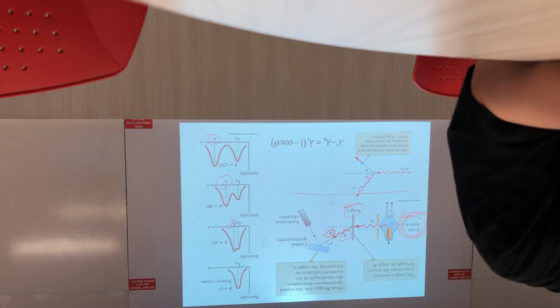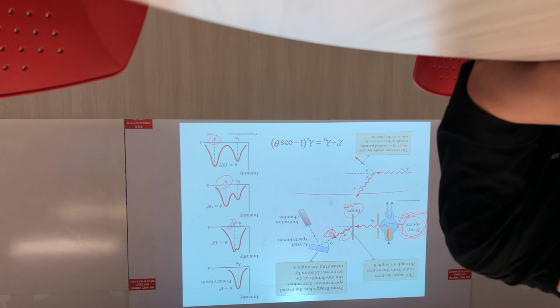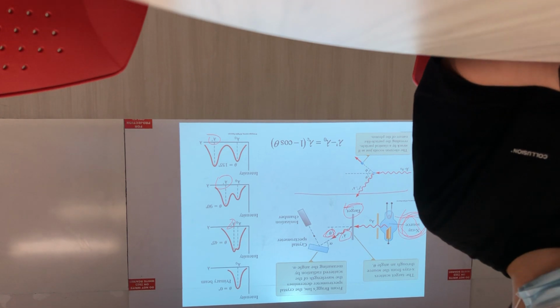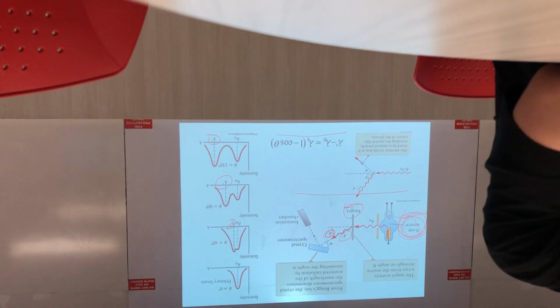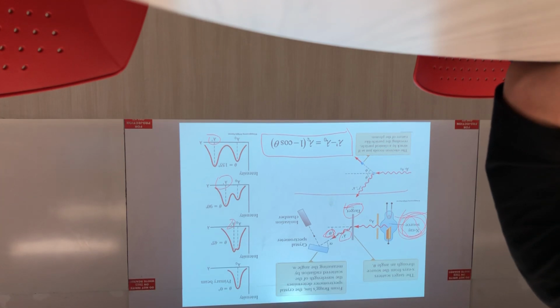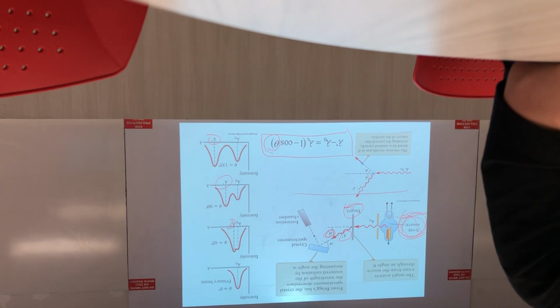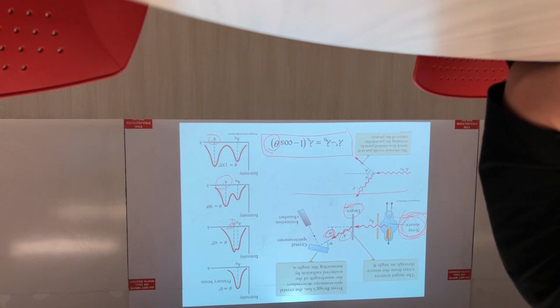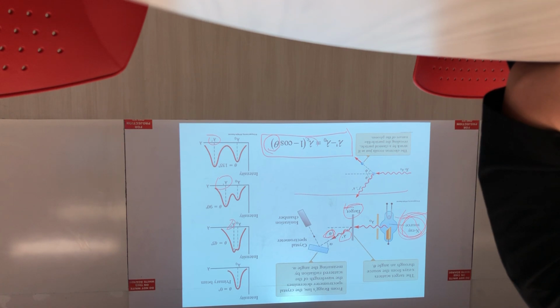So the scattered wavelength is dependent on the scattering angle. This is formulated down here. The wavelength of the incident photon and the wavelength of the scattered photon are related through this constant and the scattering angle.